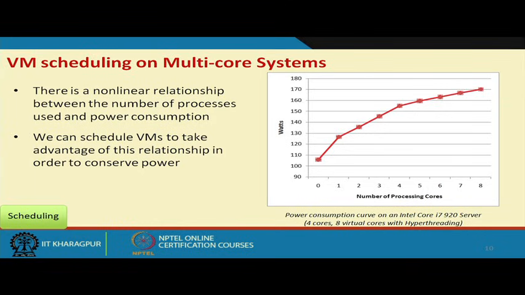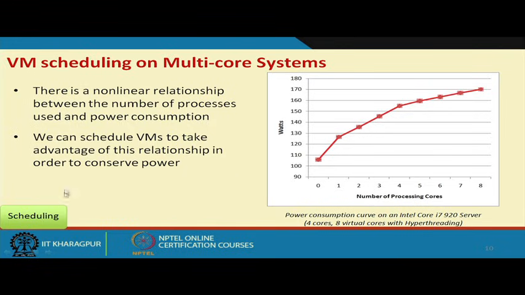So, this is a typical example scenario. There is a nonlinear relationship between the number of processors used and the power consumption. It is not that the number of processors used and the power consumption is a linear thing. If the number of processors goes high, the power consumption goes towards some saturation. If not saturation, the increment is not linear.